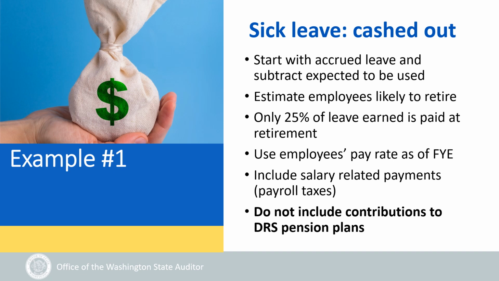Let's say the union has awesome retirement benefits, so employees are highly motivated to stay and retire from your government. Then you'd probably count those folks in the group of more likely than not to retire. Again, our threshold here is 50% or more likely. So if the group has a likelihood of more than 50% for retiring, include them in the cash out calculation.